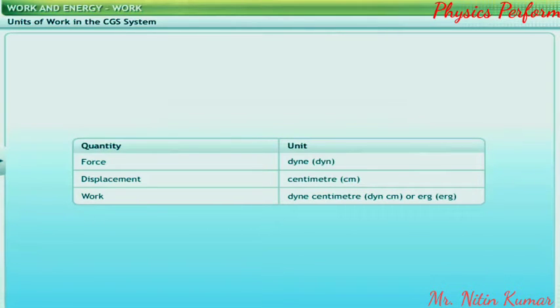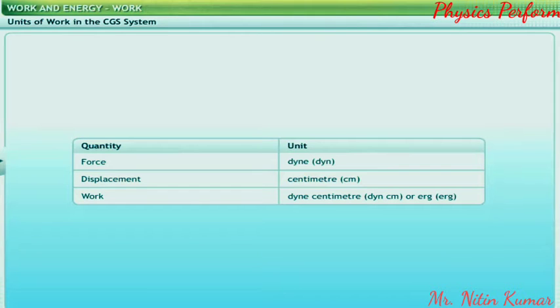In the CGS system, the unit of force is dyne, denoted by dyn, and the unit of displacement is centimeter, denoted by cm.